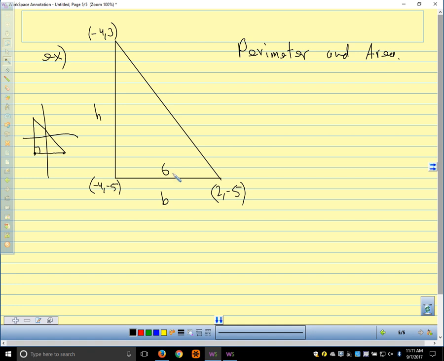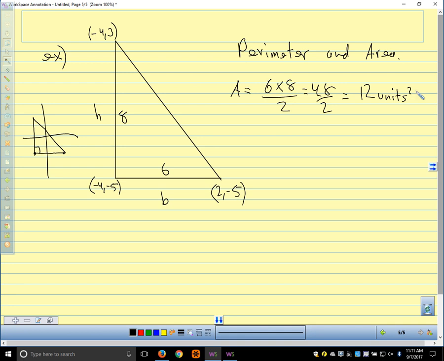That's 6 units. How far is it from -4, -5 to -4, 3? 8. We're going up 8 units. So our area is, I'll do it the other way, base times height, 6 times 8, divided by 2. So I get 24 square units.